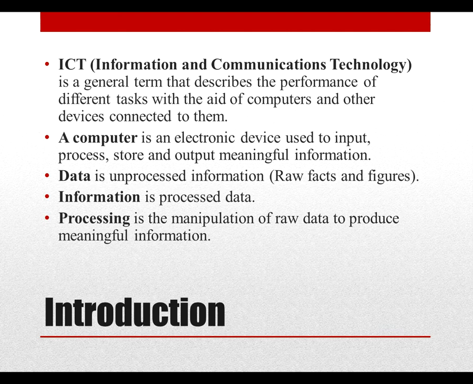Information is processed data. In short, information is what you see or hear, in layman's language. Also, we have processing. Processing is simply the conversion of this data into information. Those are the various concepts that you need to understand with computing.